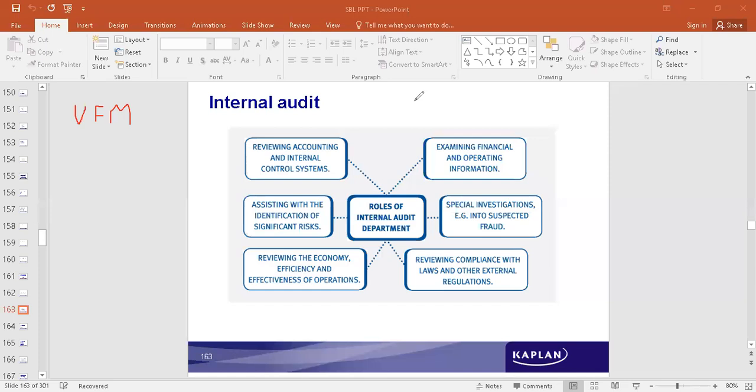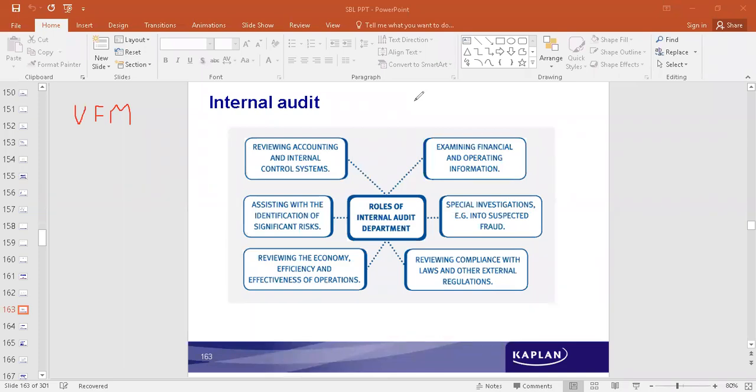Now the internal audit department examines the financial information and how the operations are carried out, the financial aspects and the operating aspects. If any special investigation is required, it also helps in that.